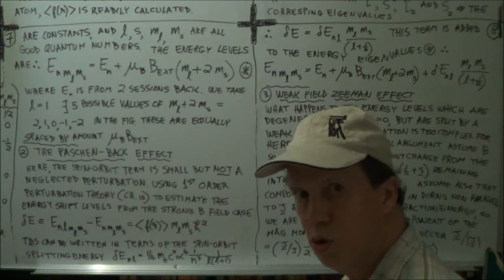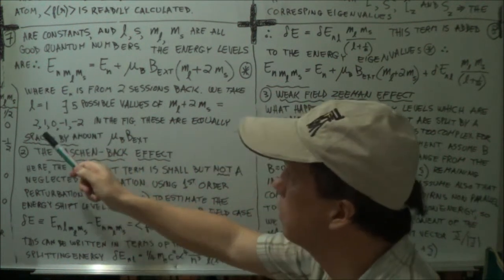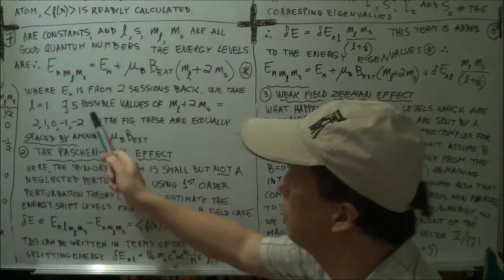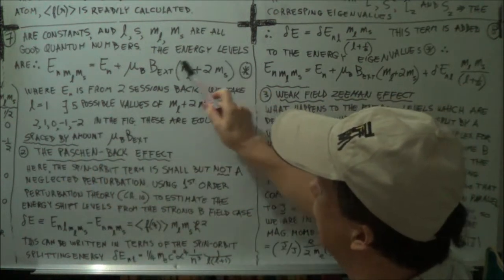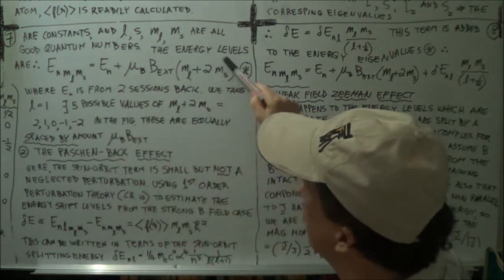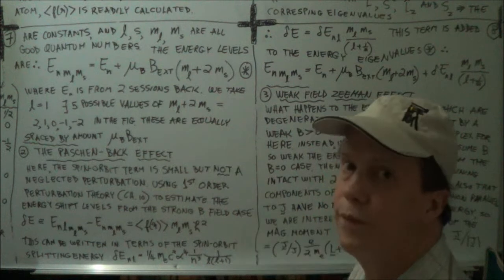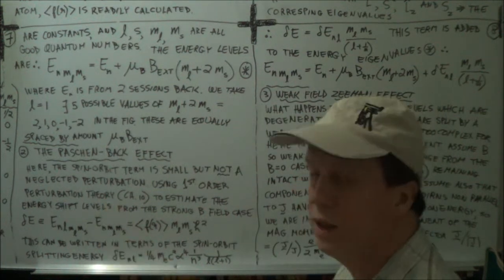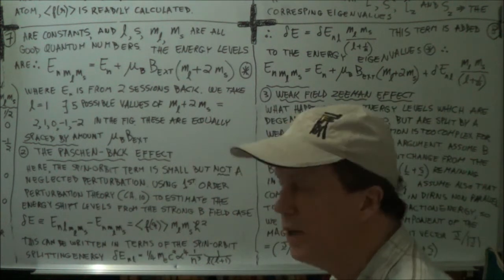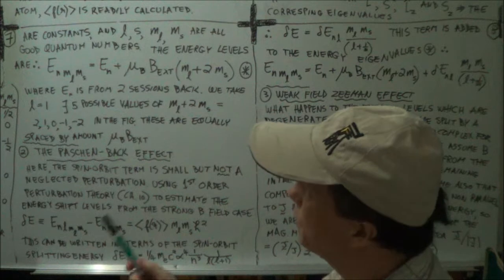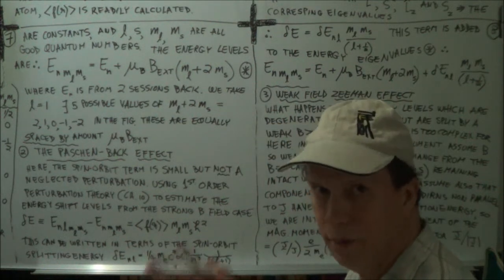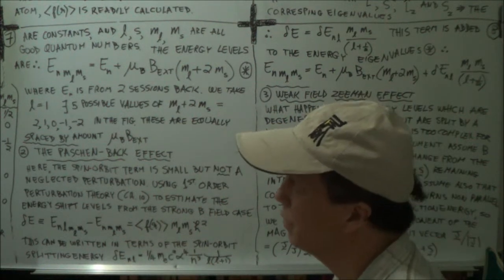So 2, 1, 0, minus 1, minus 2. 5 possibilities, and hence this energy splits 5 ways, depending on this value. So that clears up quite a bit of the mystery of two sessions back, in that splitting diagram I was showing you.